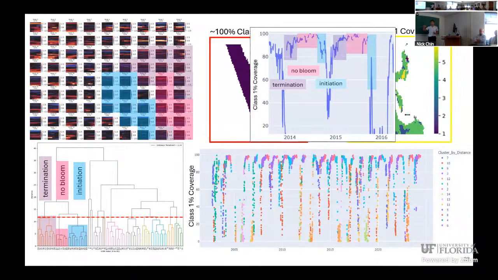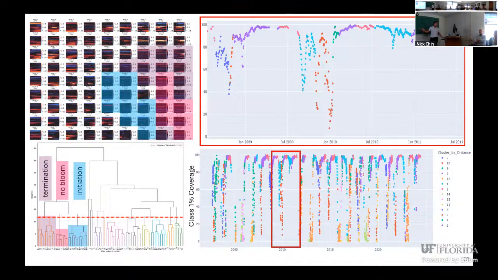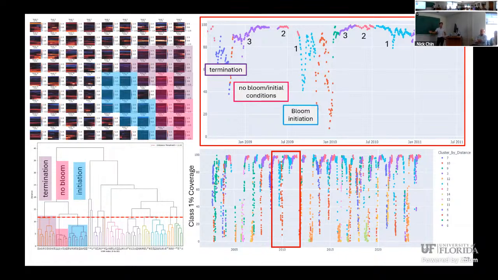This was the superclusters overlaid on our class 1 bloom coverage, which gave us these particular cutoff points over time. By making that cutoff point in our Ward's clustering, we were able to identify days that I could reclassify as termination, no bloom, or bloom initiation.